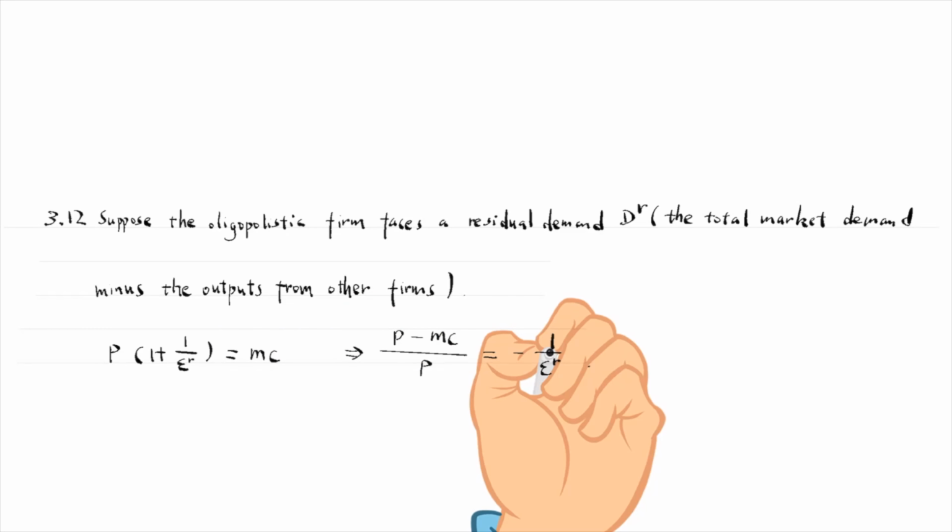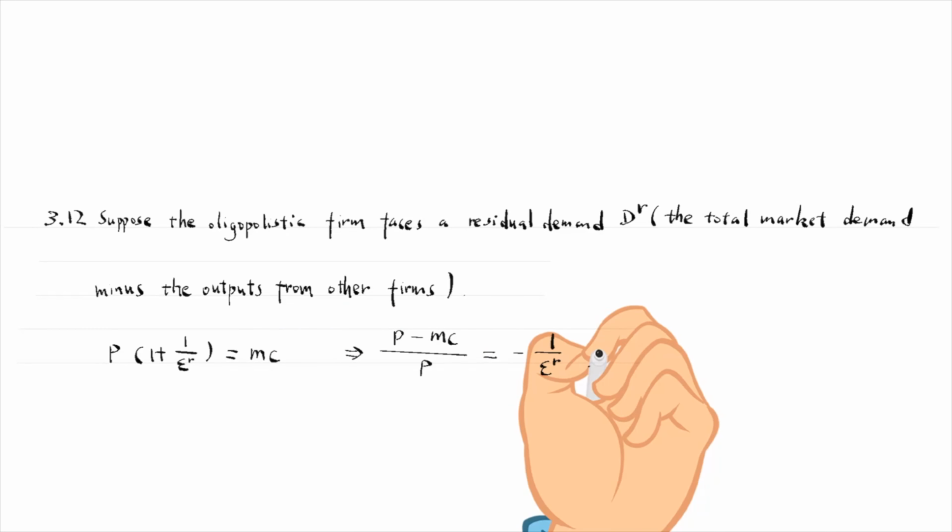The market power measure, the Lerner index, equals the inverse of the elasticity of the residual demand. As the residual demand becomes less elastic, which is our case for the differentiated firm, the firm charges a higher price.